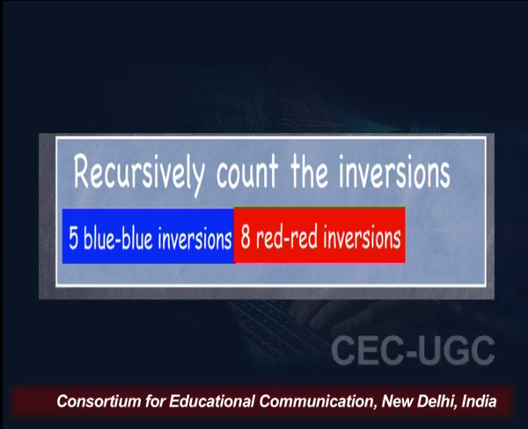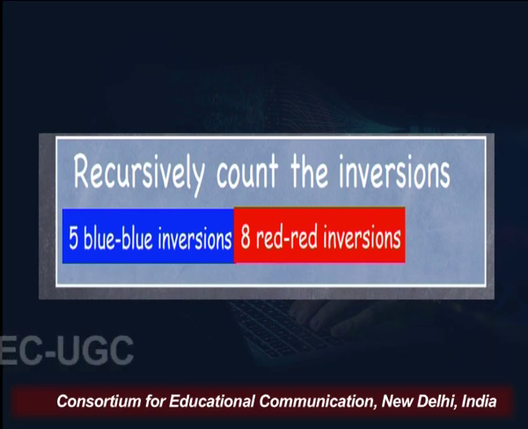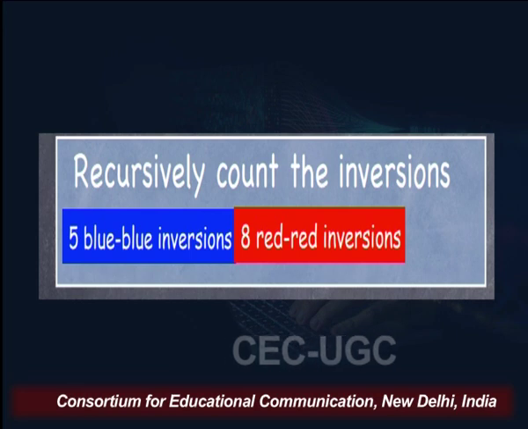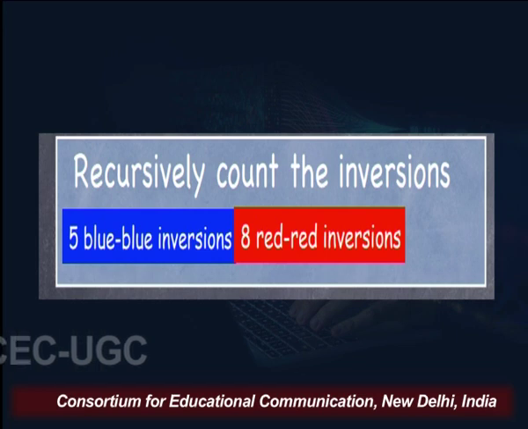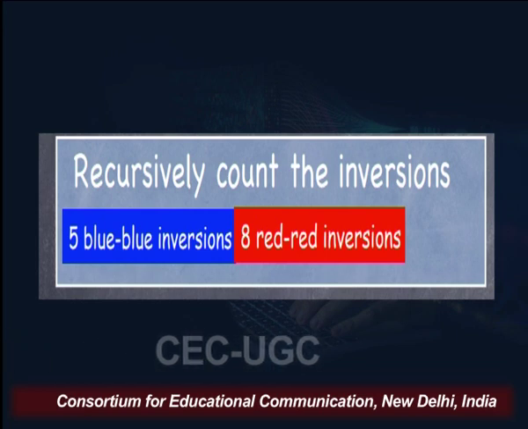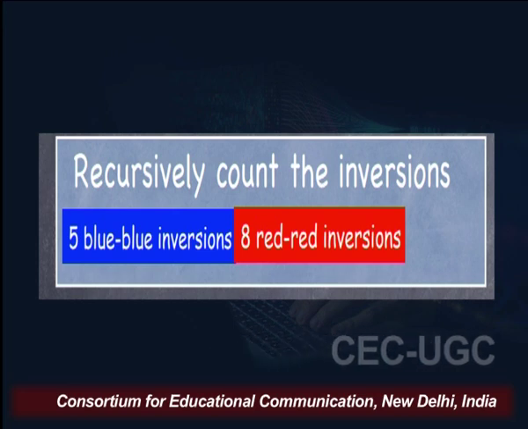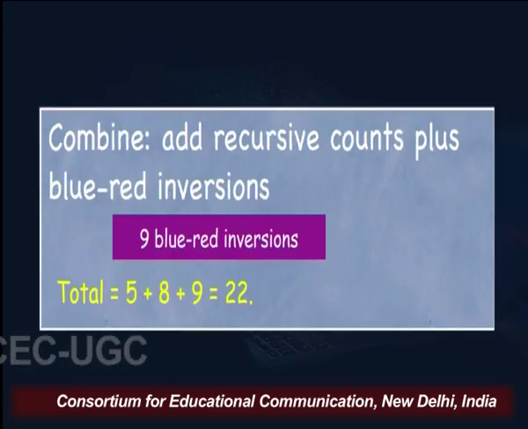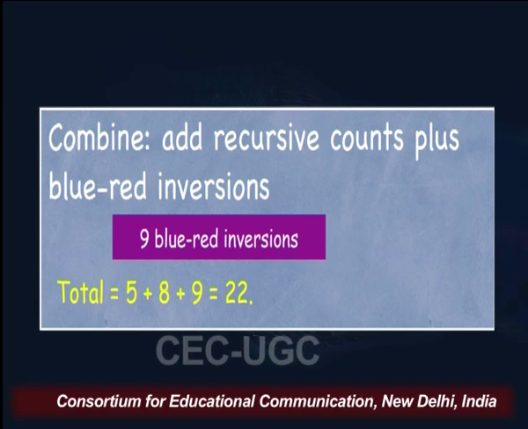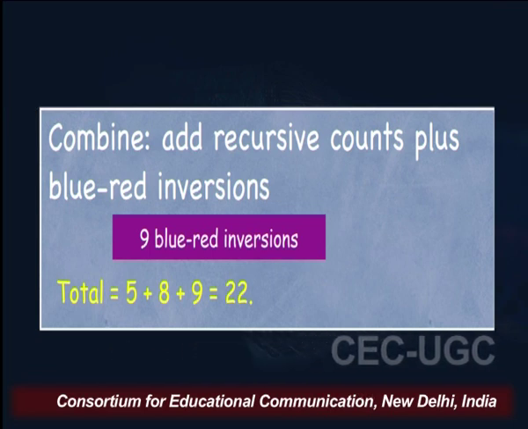But our technique is not completed yet. We have counted individually the inversions in the blue list as well as in the red list, but we are yet to count the cross inversions, which are the inversions between the blue and red lists.